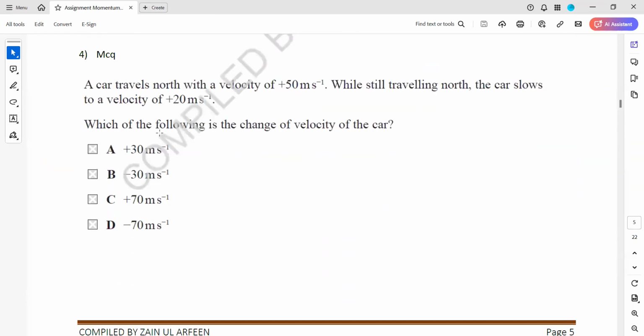Question 4. You can use the chat to answer. A car travels north with a velocity of 50 meters per second. While still traveling north, the car slows to 20 meters per second. Which of the following is the change in the velocity?